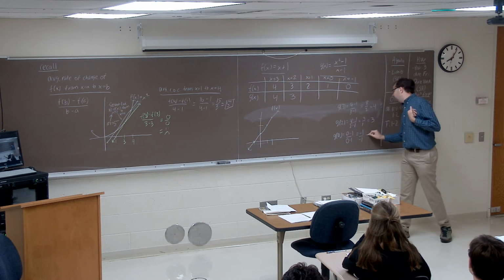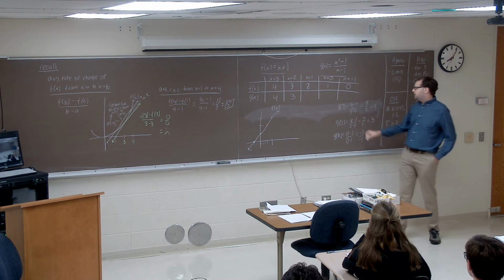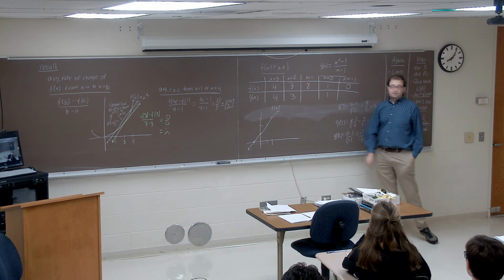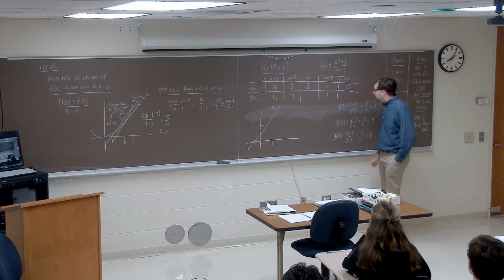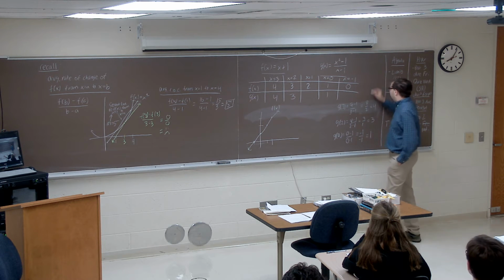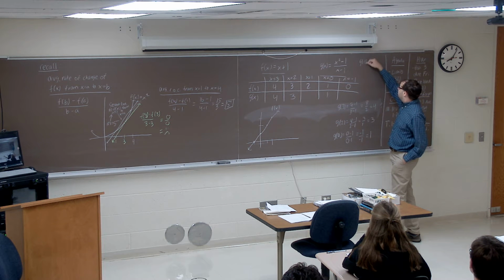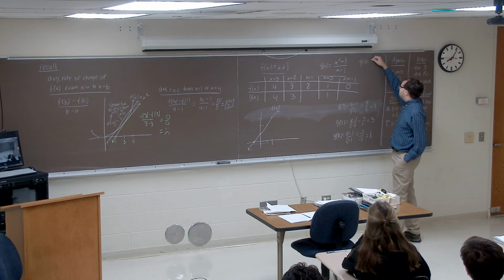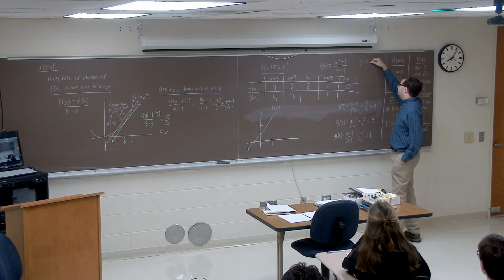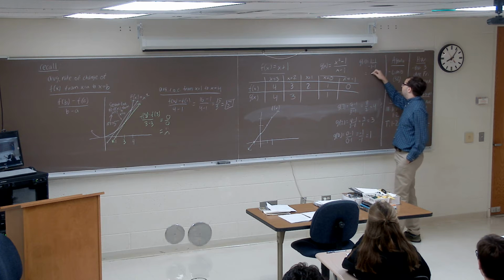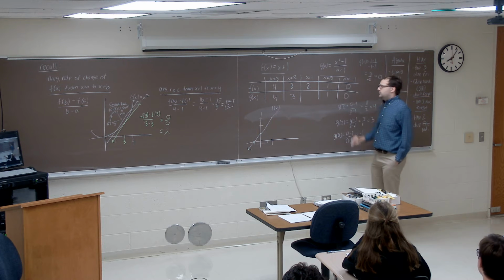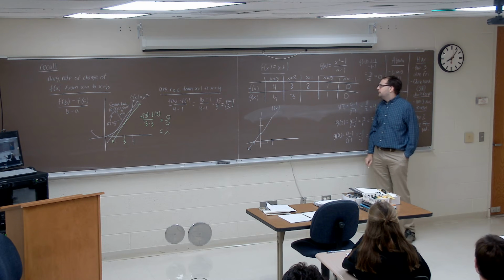Gave me a -1 over -1 and gave me an output of 1. Oh, hey, that's interesting. When I plugged in -1, I get -1 squared is positive 1 minus 1 over -1 minus 1, which I got to be 0 over -2, which simplifies to 0. Huh, that's odd.